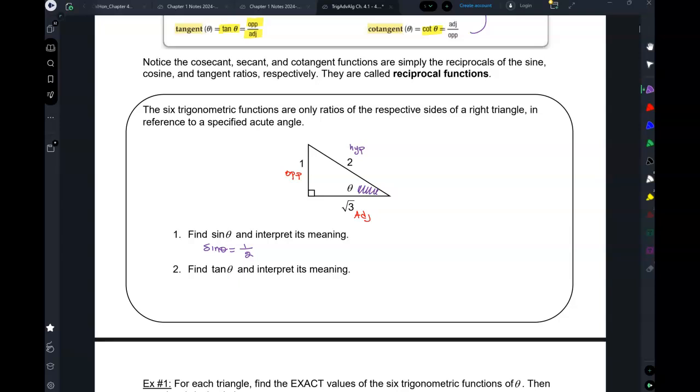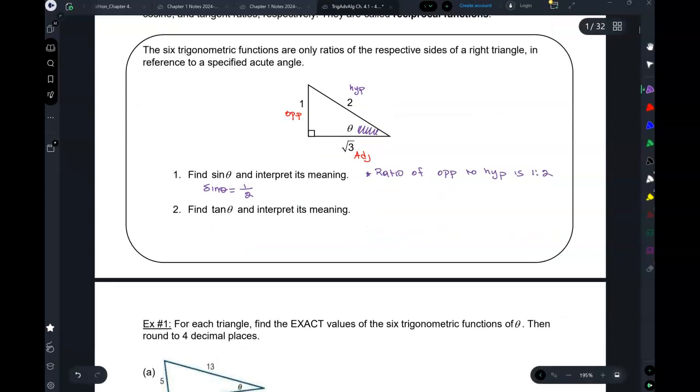So what is this? This is the ratio. So the meaning is that the ratio of the opposite to the hypotenuse is 1:2. Okay, that's a very mathy way of saying that, but how would you explain this to an elementary school student? What does it mean that the ratio is 1:2?